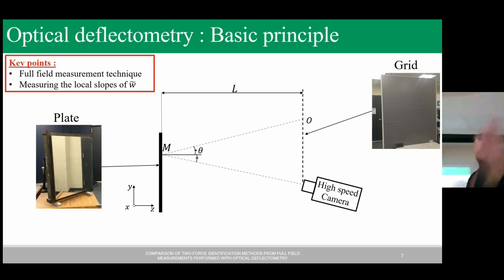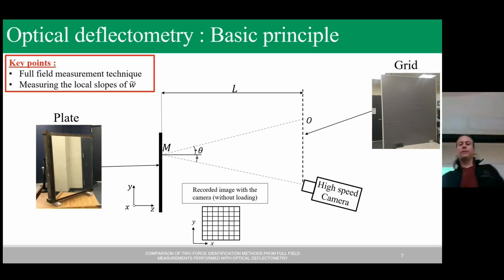When the camera is recording the images, at point M of the plate, we can watch the reflection of point O of the grid. And basically, what the camera is recording will look like the little sketch that you have at the bottom of the figure. So it's basically the reflection of the grid watched at the surface of the plate.